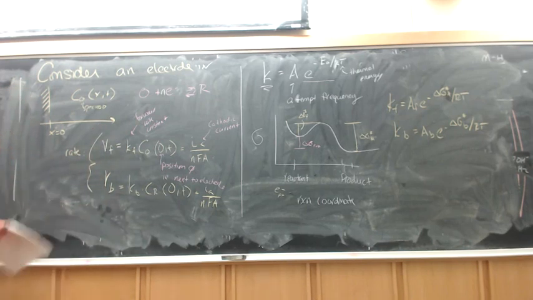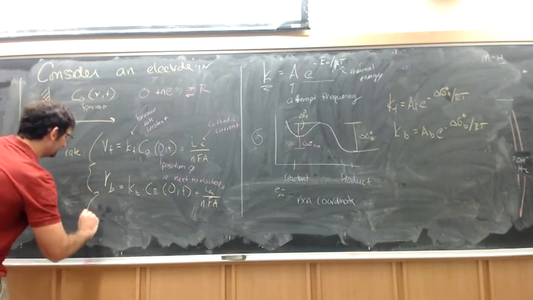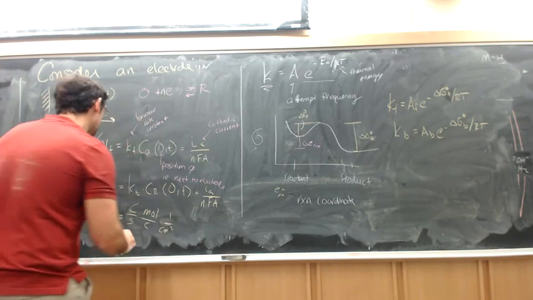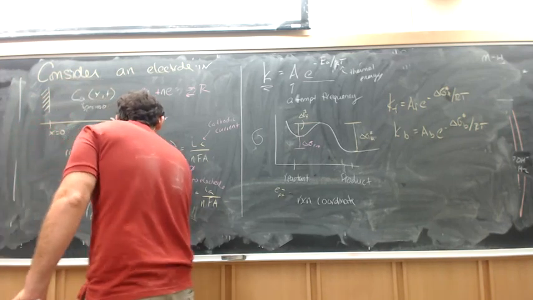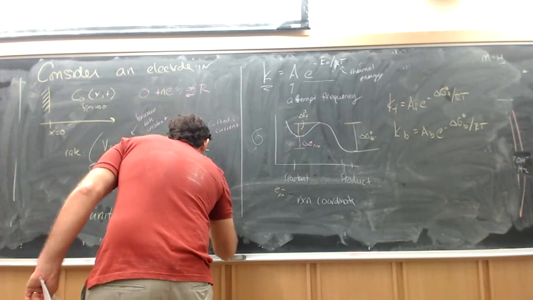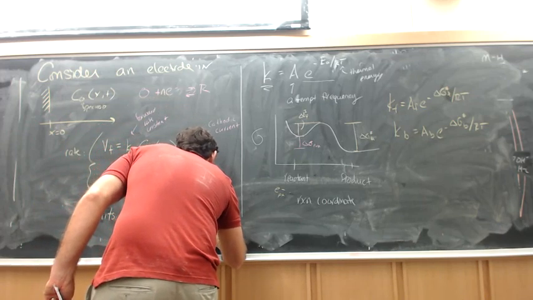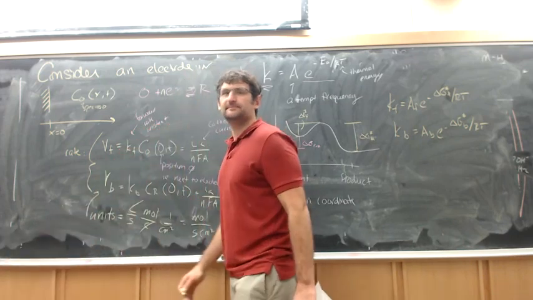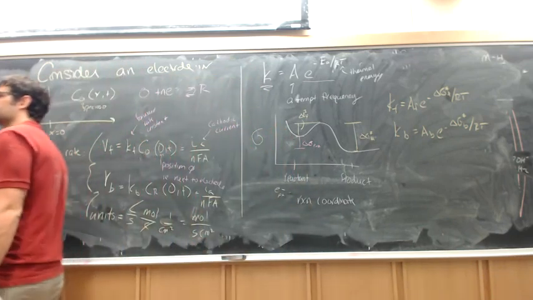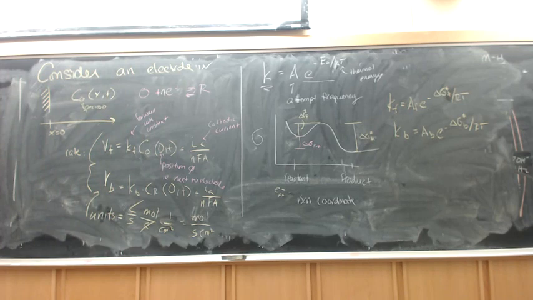What are the units of these? So if I work this out, coulombs cancel, I get moles per second per centimeter squared. What things have units like this? What kind of quantity is this? It's a flux, right? So it's a flux of the stuff coming to the surface and reacting.